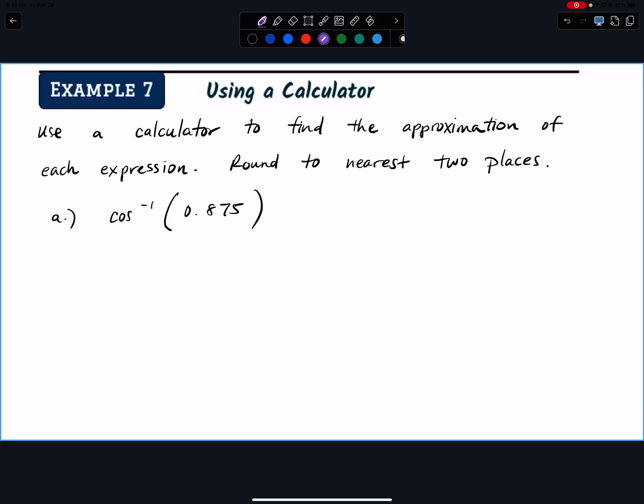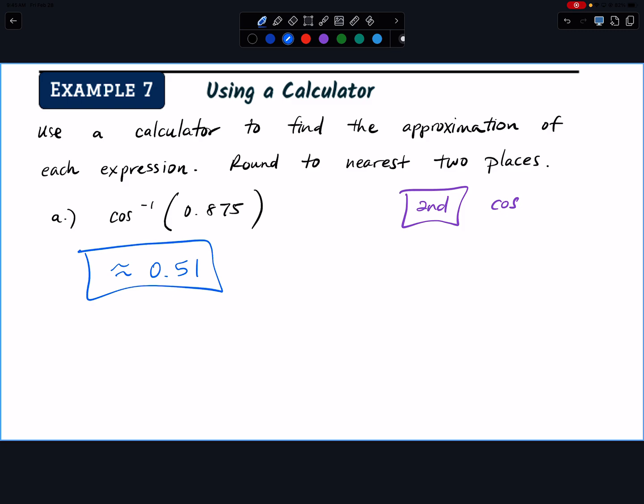Cosine inverse is second cosine. Since there's no degree symbol in these problems, which mode should our calculator be in? Radians. Okay, so what do we get to two places? I can't hear you. 0.51. And that's all you have to do.